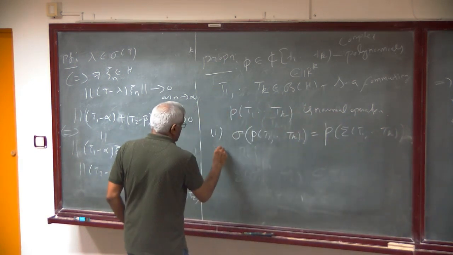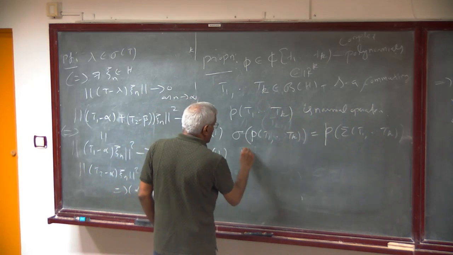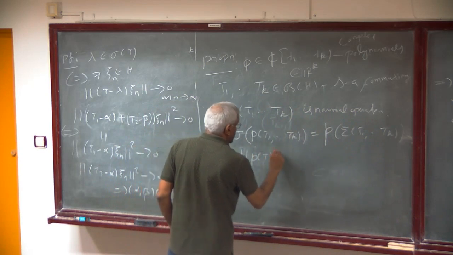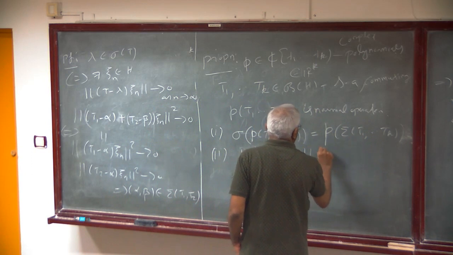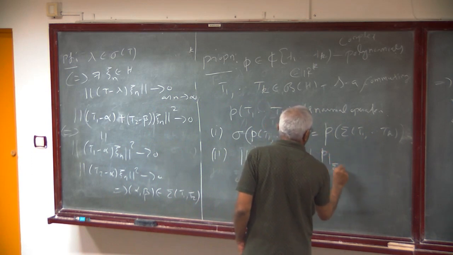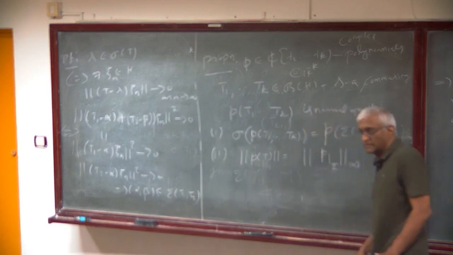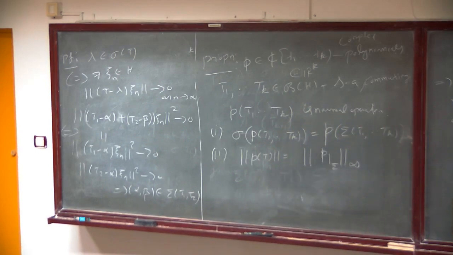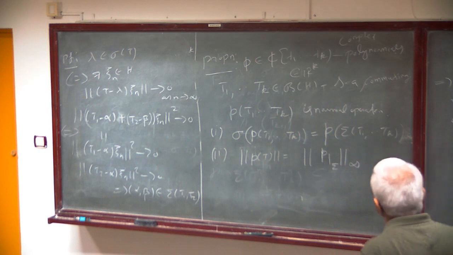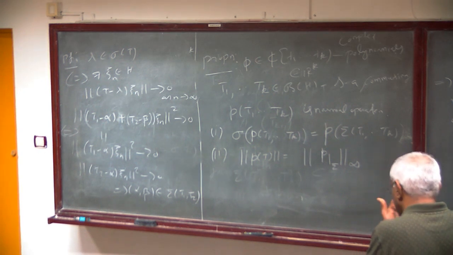Then the next statement follows easily, of course. That is, the norm of P of T is equal to the sup norm of P as a function restricted to that sigma, the uniform norm. So the second statement follows easily.